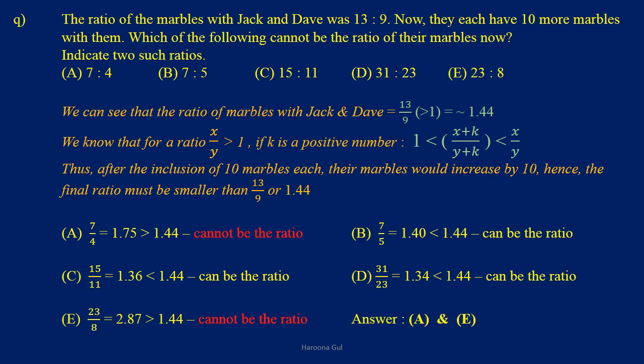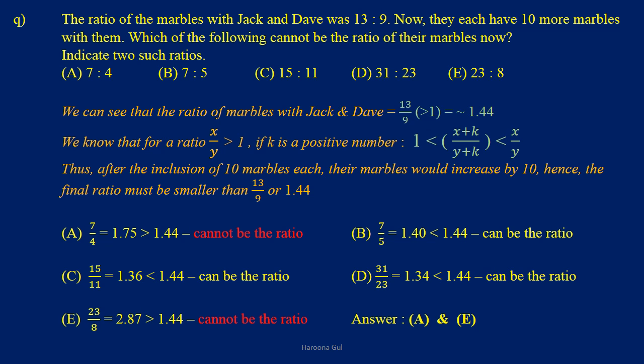The first thing to do is to check the ratio of marbles with Jack and Dave, which is 13/9, which is greater than 1 and approximately 1.44. Now, by going by the rule of ratio, for a ratio x/y greater than 1, and if k is a positive number, then (x plus k)/(y plus k) would be between 1 and x/y, which means it would be greater than 1 but less than x/y.